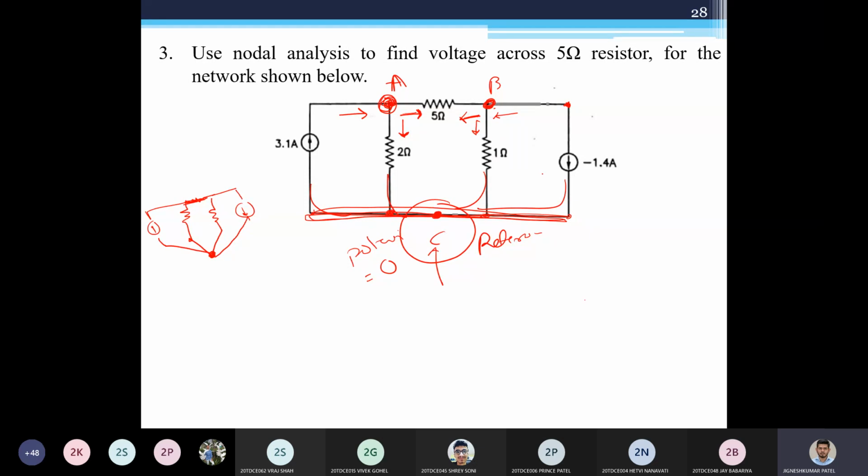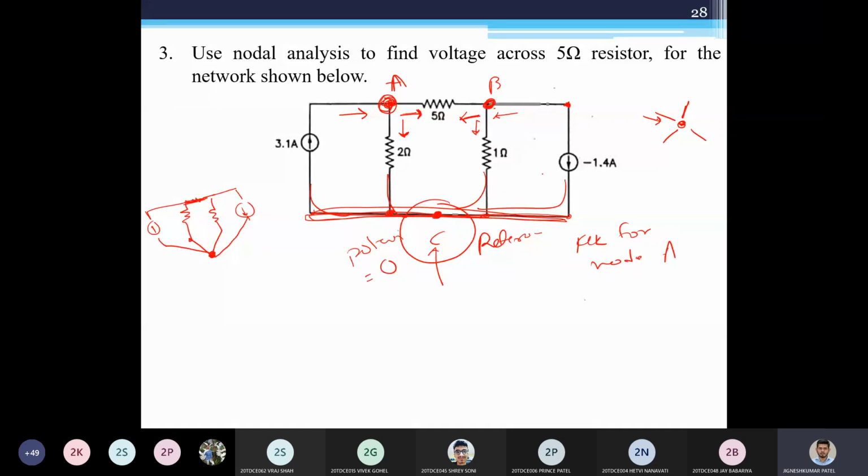Now I have to write the KCL for each node. So let us write KCL for node A. We know what KCL states. KCL states that if you have a node and you have 4 or 5 lines incoming at the node, the algebraic sum of all the currents coming in or going out would be 0.